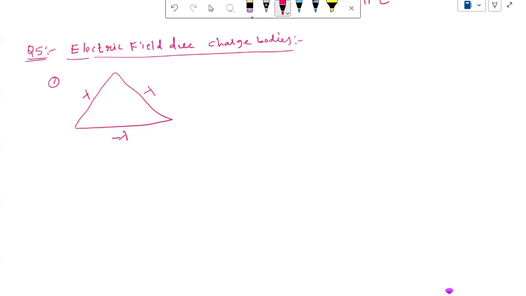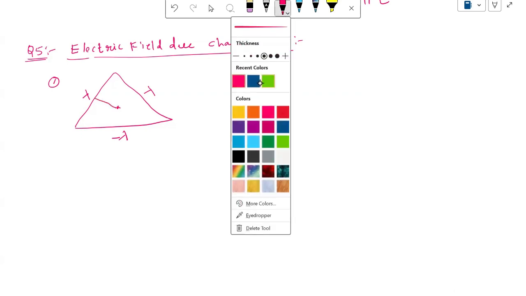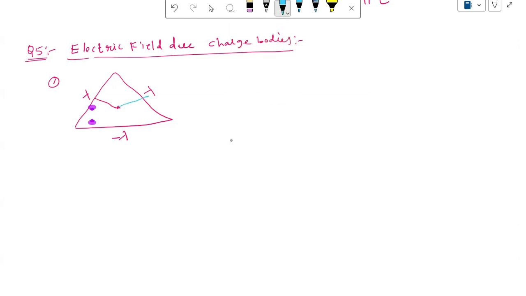Now at the centroid, the distance from this rod, from this one, and from this one is the same. If rod of length L is given, or side A, that depends. The height of the triangle is equal to root 3 L by 2.